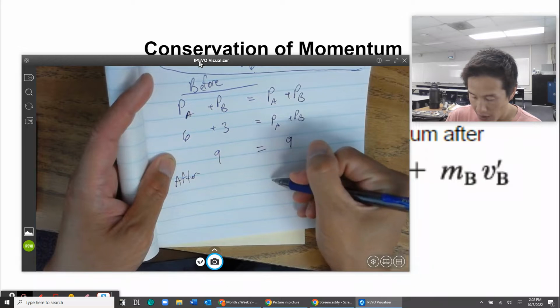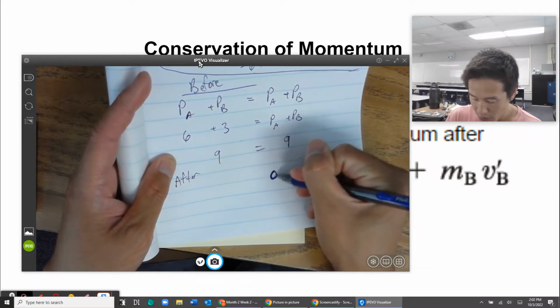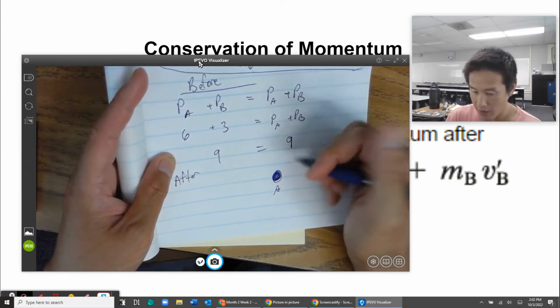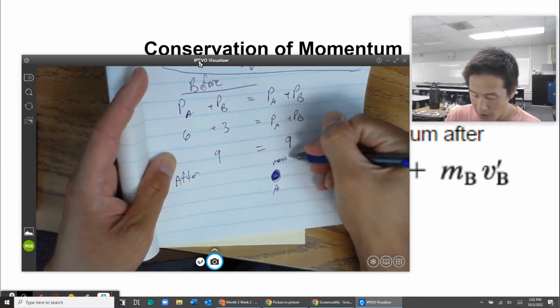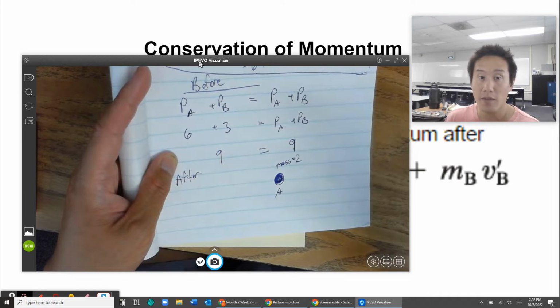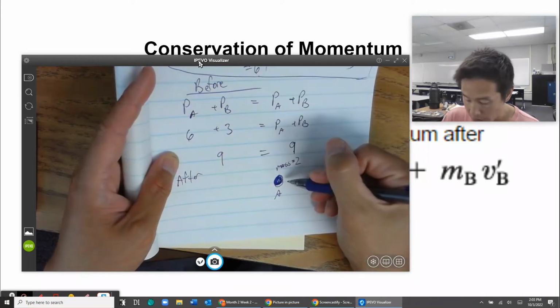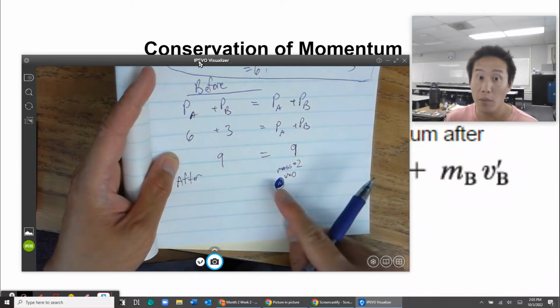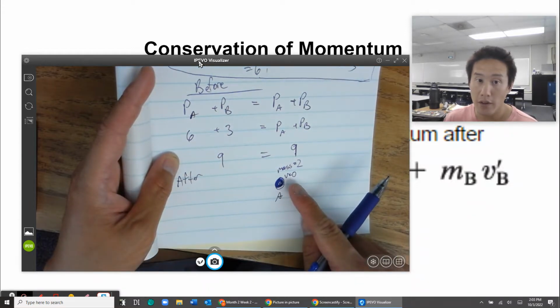So let's say now object A, its mass is still 2, right? Its mass never changed. But let's say its velocity is 0. It completely stopped in place.